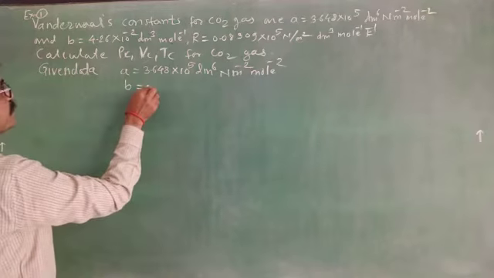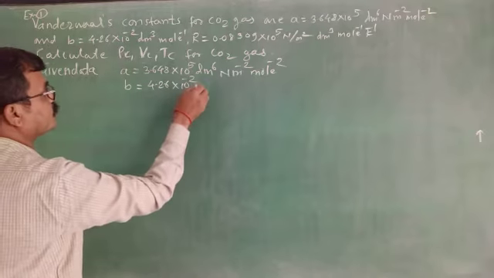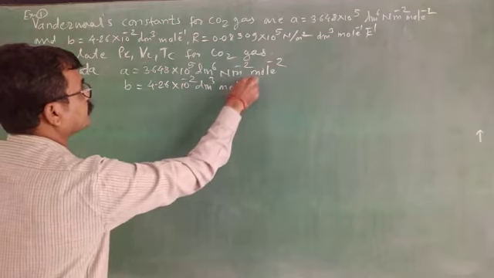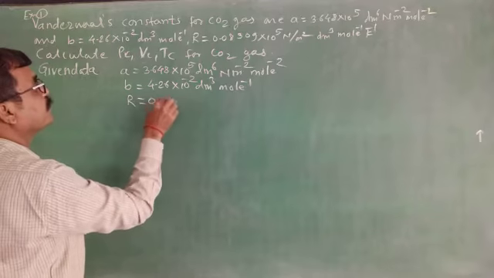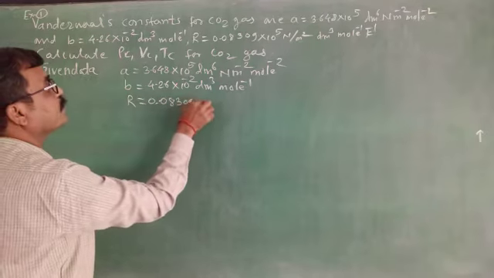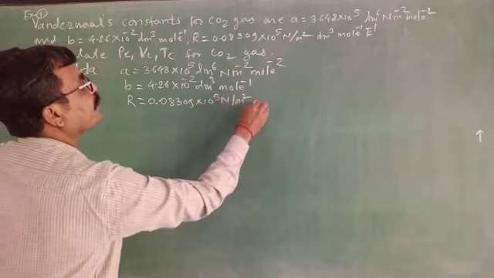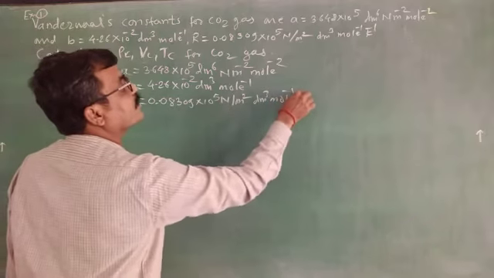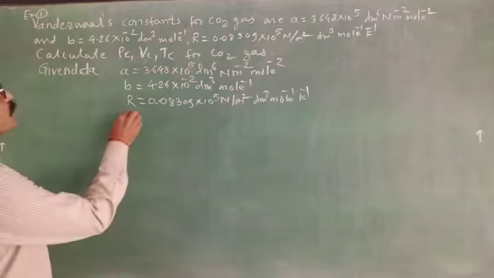Small b is given 4.26 into 10 raised to power minus 2 dm cube mole inverse, and R is equal to 0.08309 into 10 raised to power 5 Newton per meter square dm cube mole inverse Kelvin inverse. Now you have to find out PC, VC, TC.